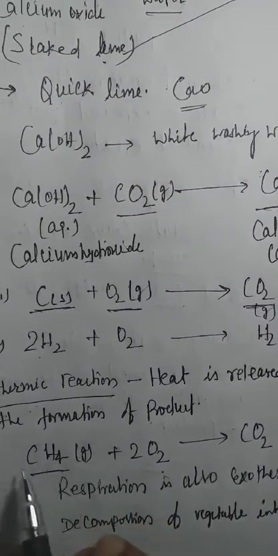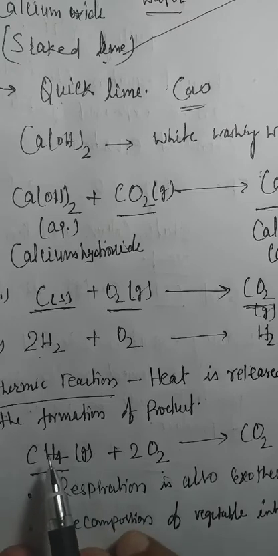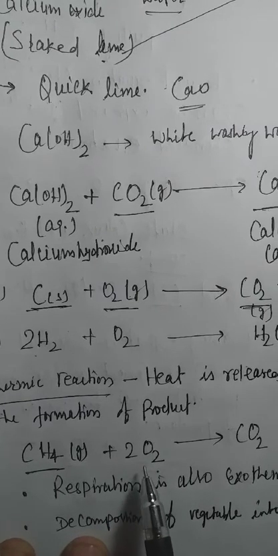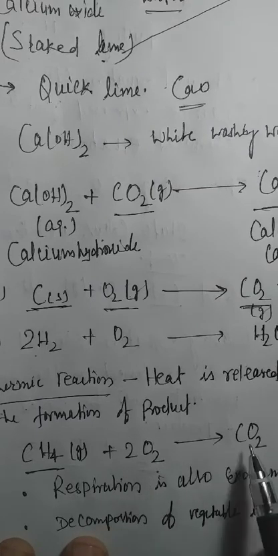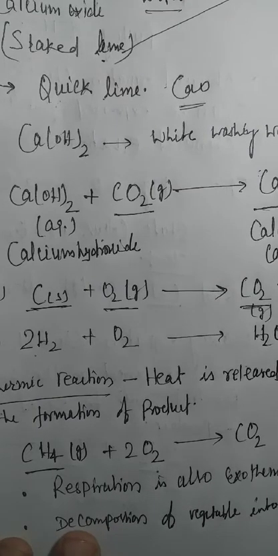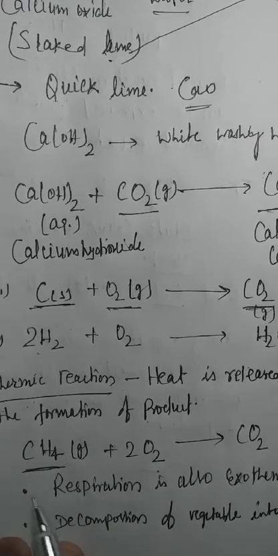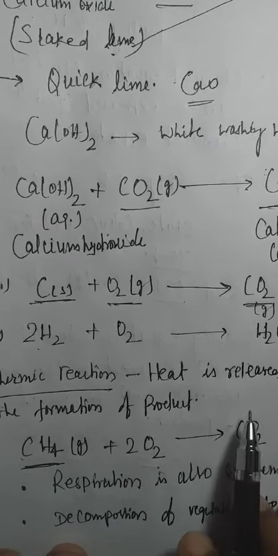CH4 is in the family of hydrocarbons. Later we will see what a hydrocarbon is. CH4 and two times oxygen gives CO2 plus two times water. Memorize this is our hydrocarbon, where it is very clear that carbon and hydrogen are present, so we may say hydrocarbon.